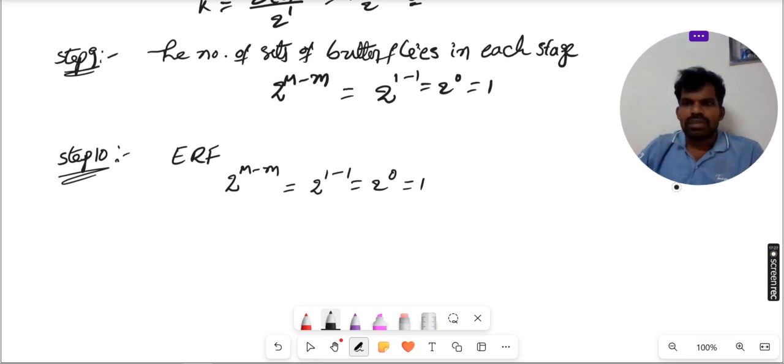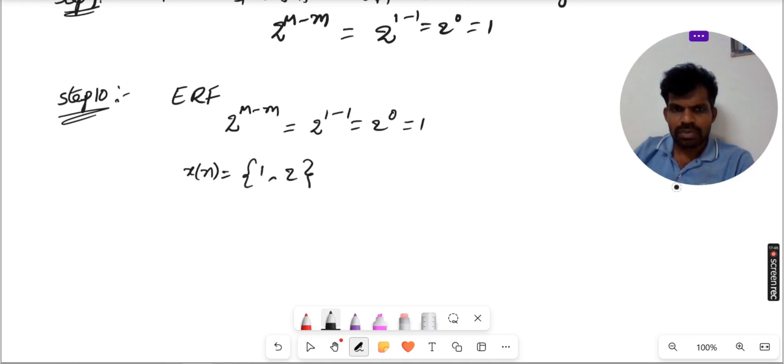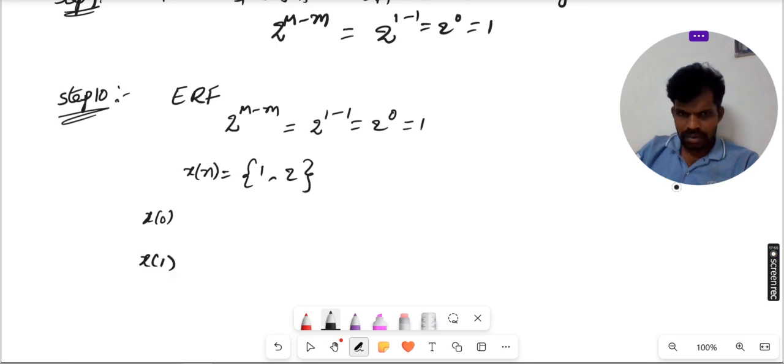Now let us draw the butterfly diagram by using these 10 process steps. What is given? The input sequence x of n is given as 1, 2. From the second step, with bit reversal also the same, that is x of 0 and x of 1.